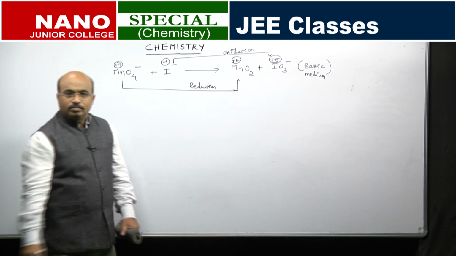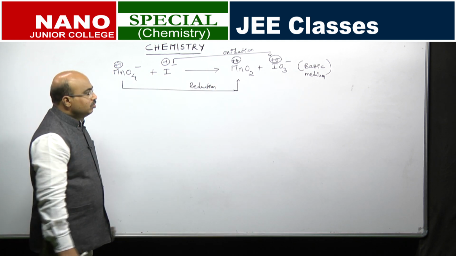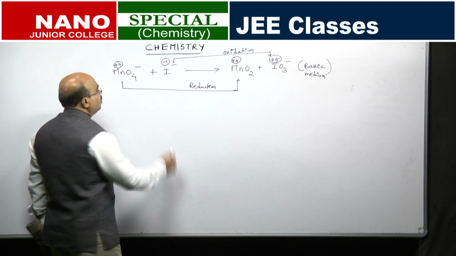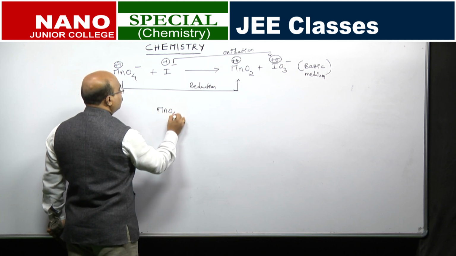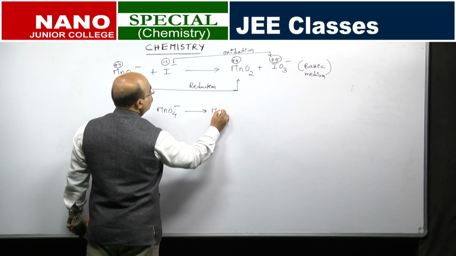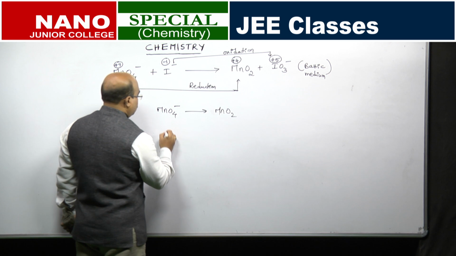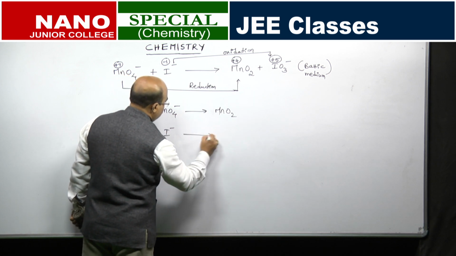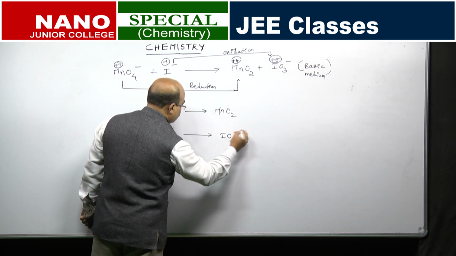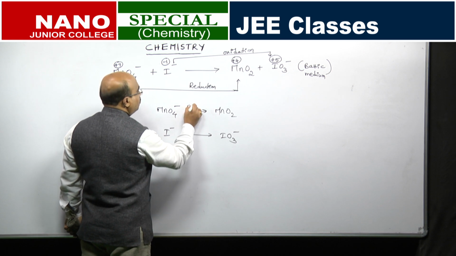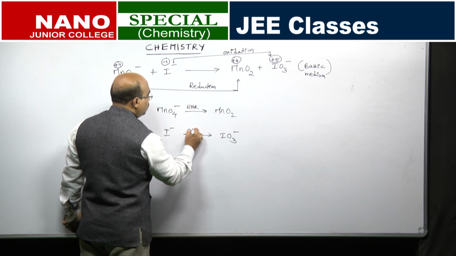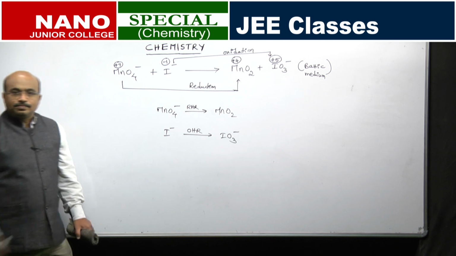So, let us write MnO4 minus to MnO2, I minus to IO3 minus: reduction and oxidation half reactions.